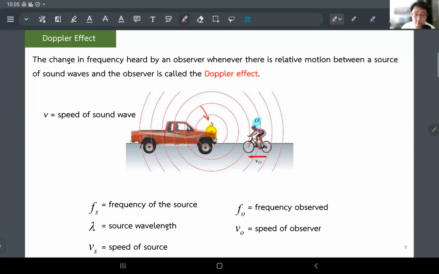It's either the source moving, or the observer moving, or even both of them moving at the same time. So the key calculation that we are trying to get to is how we can calculate the observed frequency. That's the goal, the main point to attack for this particular topic, to calculate the observed frequency.